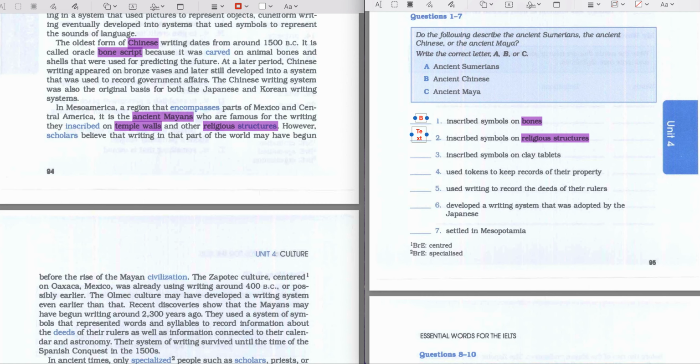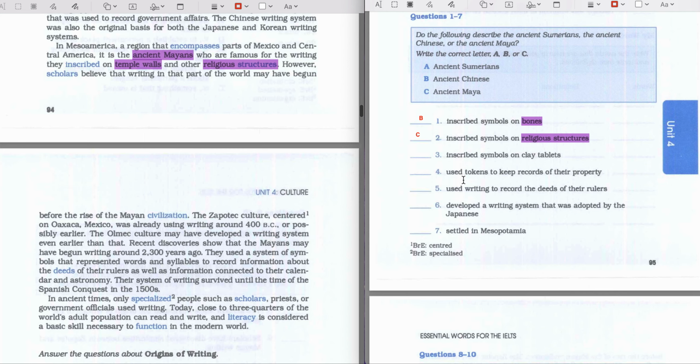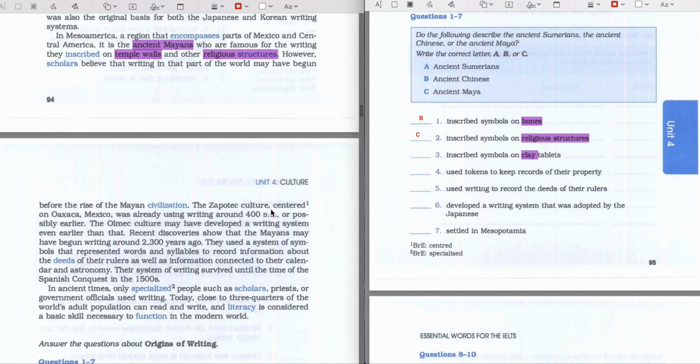C. Let's go further. Inscribe symbols on clay tablets. We can go further to see if we have any information about the clays. In the case of clay, we don't have any synonyms for sure, and we have to try to find the exact word here.